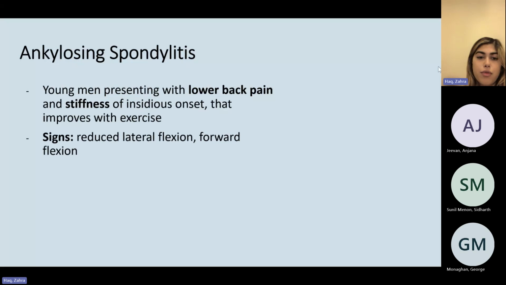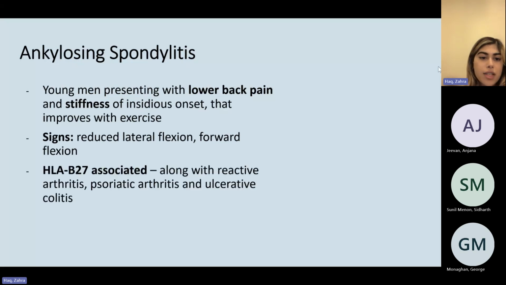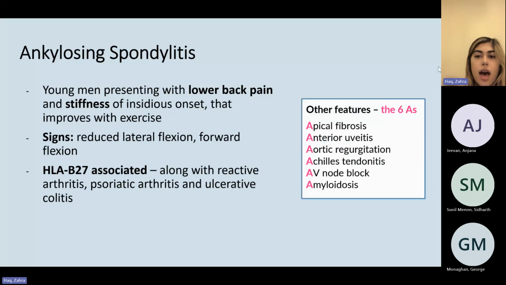Signs are reduced lateral flexion and forward flexion. HLA-B27 associated, but HLA-B27 can also be associated with reactive and psoriatic arthritis and also ulcerative colitis.